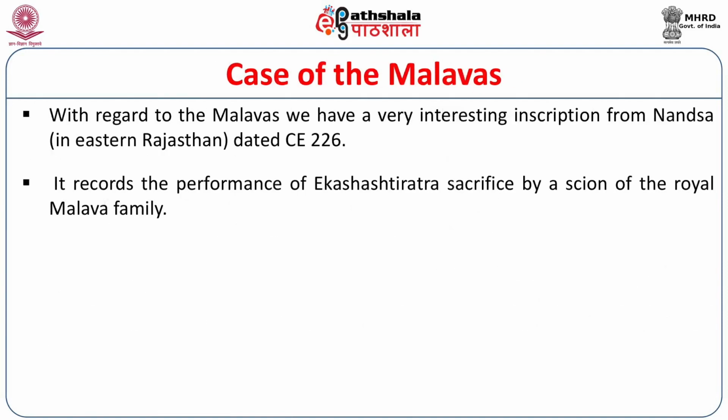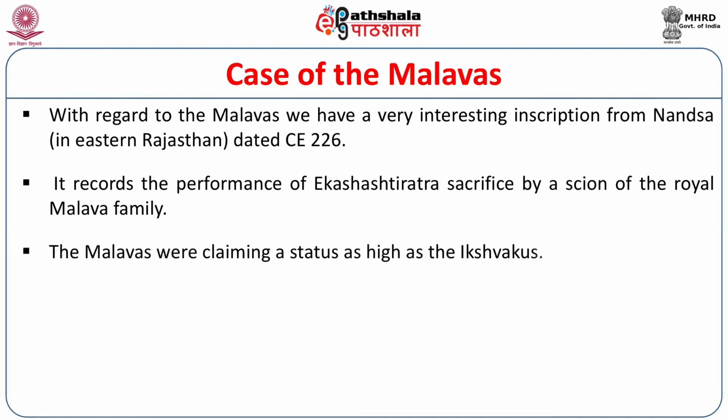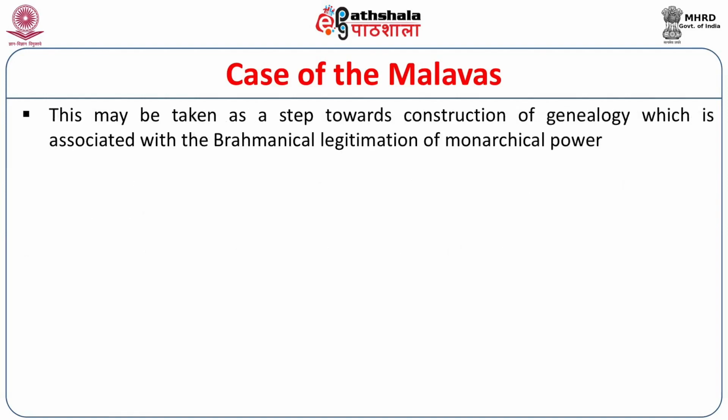For the Malavas, we also have a very interesting inscription from the Nagar region in eastern Rajasthan, and it records the performance of the Ekashashti Ratra sacrifice by a scion of the royal Malava family. The Malavas were claiming a high status, as high as the Ikshvakus. So the Ikshvakus were the monarchical powers.